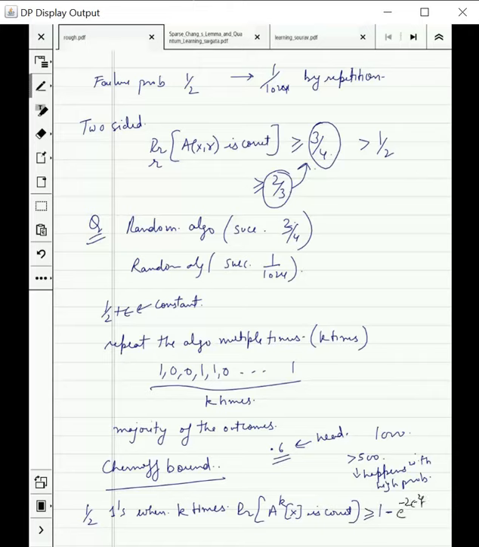So this comes from the Chernoff bound. Notice that my error probability is going down as e to the minus k. This is going very fast. So with very few repetitions, I get the correct answer.